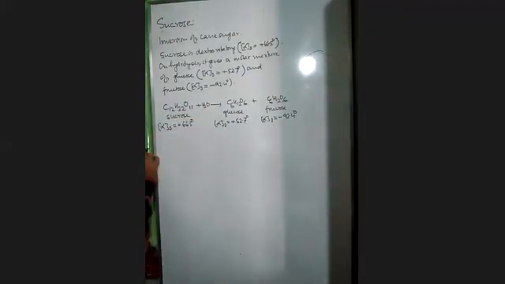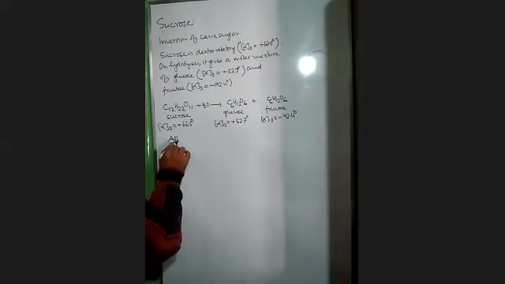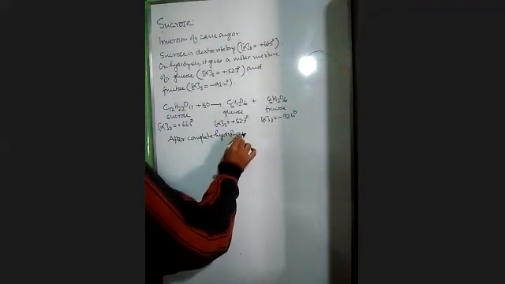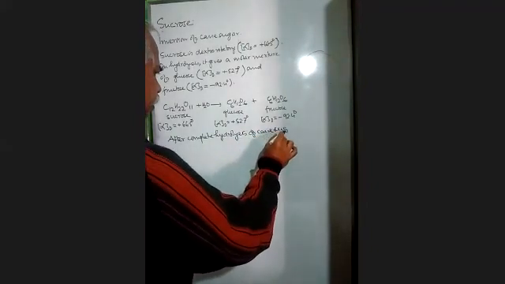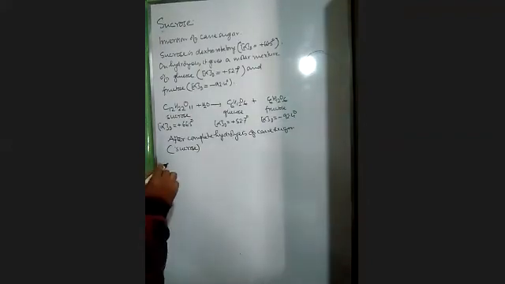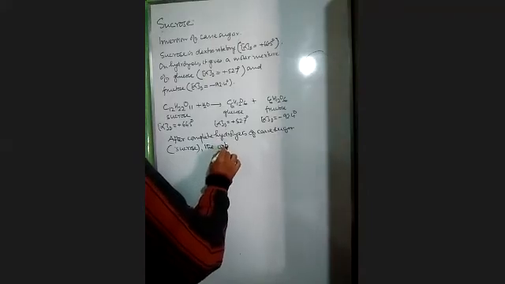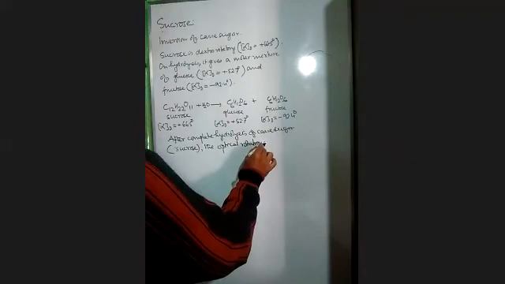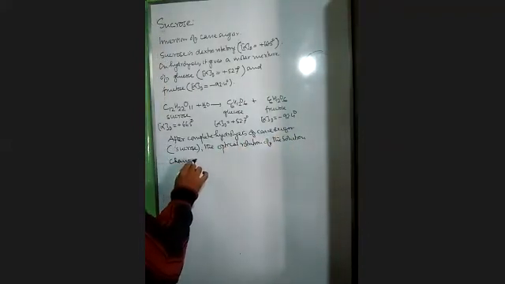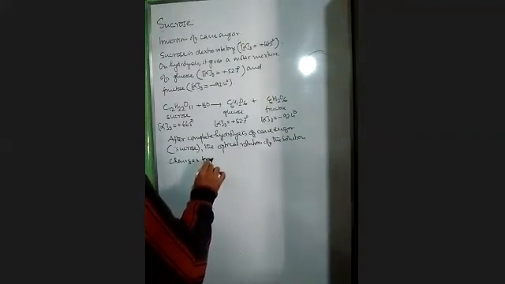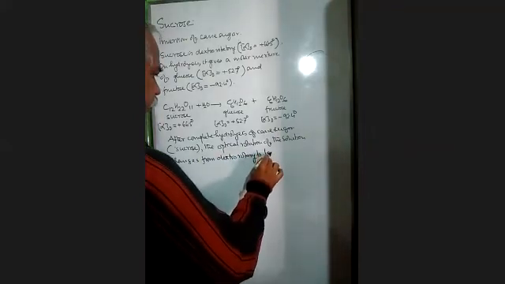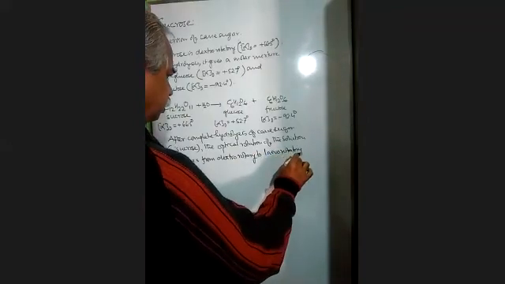So we'll write down here. After complete hydrolysis of cane sugar, that is sucrose, the optical rotation of the solution changes from dextro rotatory to levo rotatory.